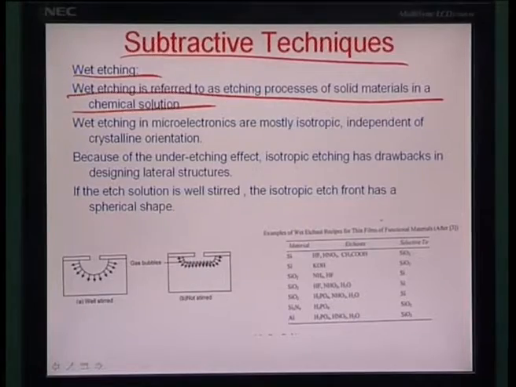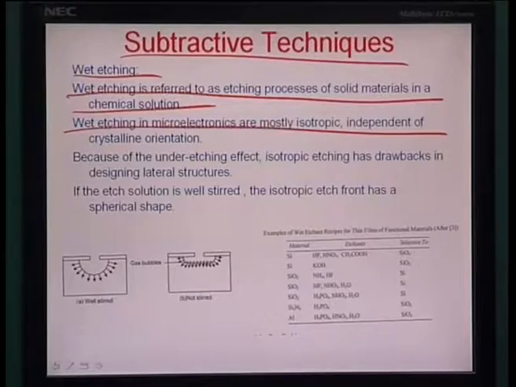Wet etching in microelectronics is mostly isotropic, independent of the crystalline orientation, and is done with very simple methods which can homogeneously etch the silicon surface by chemical reaction.